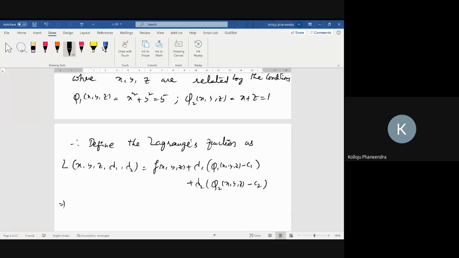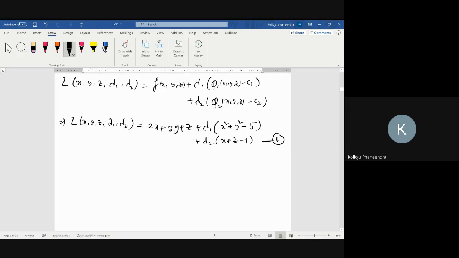Let us substitute: L(x,y,z,λ1,λ2) = 2x + 3y + z + λ1(x² + y² − 5) + λ2(x + z − 1). Equation 1. Here λ1 and λ2 are Lagrange's multipliers.